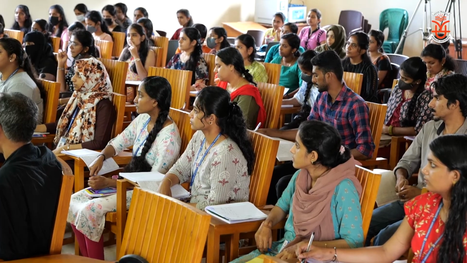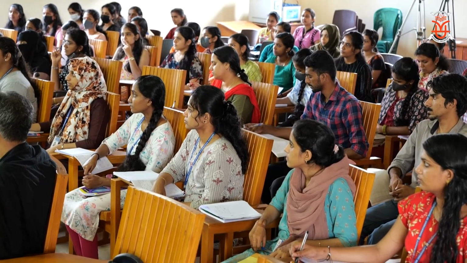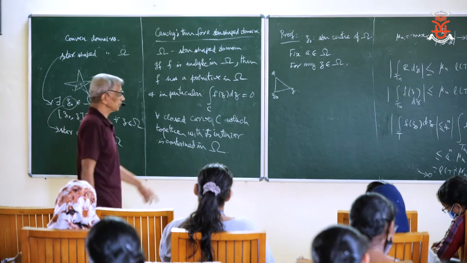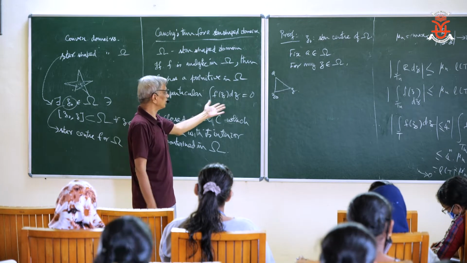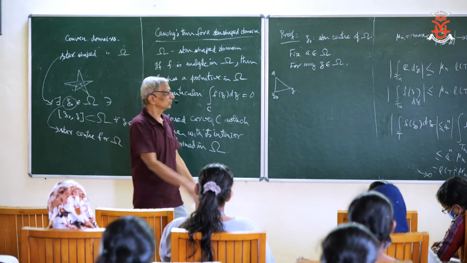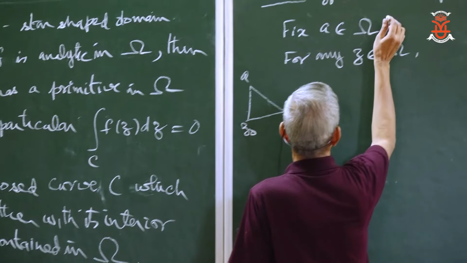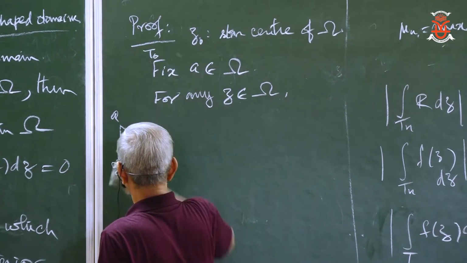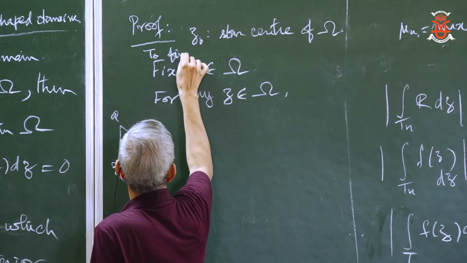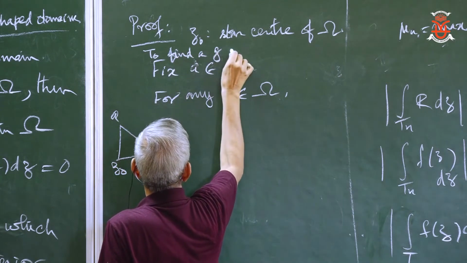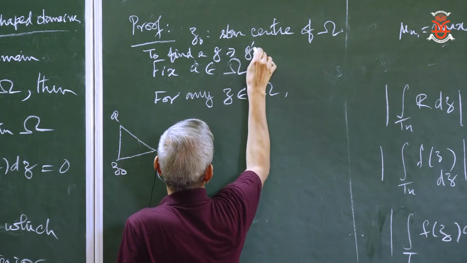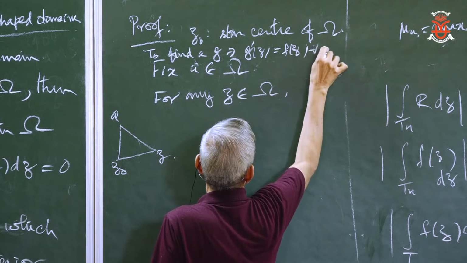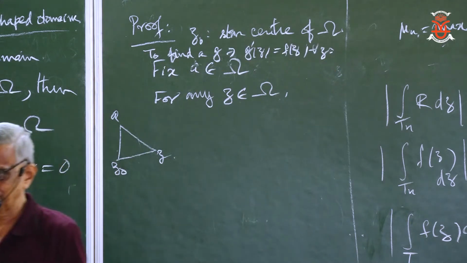So apply Cauchy's theorem for triangles to this triangle, right? In fact, we can even specify what the function g is going to be. So what do we want to do? To find g such that g prime z equals f z for all z. Right? This is what we want.